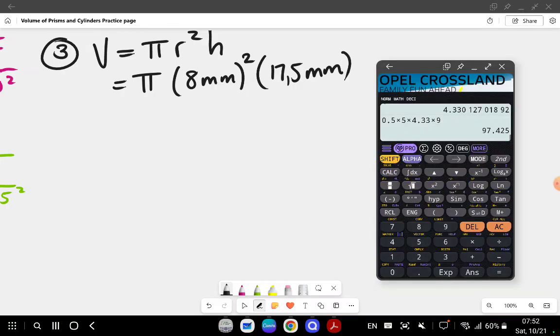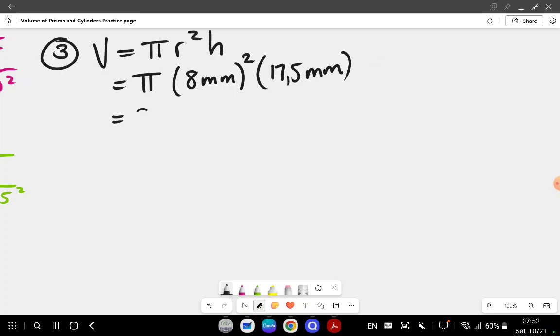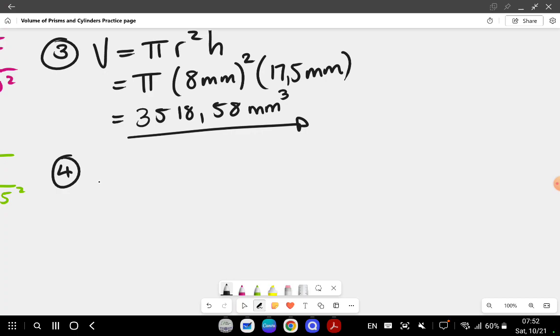Calculator, that gives me pi times 8 squared times 17.5, 3518.58. 3518.58 millimeters cubed. Question 4 is another cylinder.